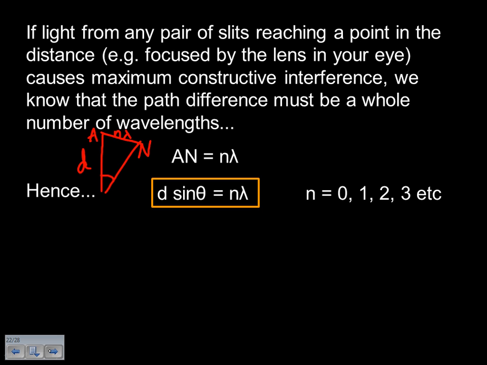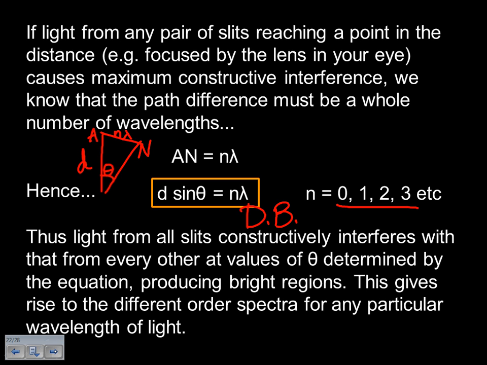Here's your d. There's your theta. So sine theta would be equal to n lambda over d. Solve for it, and you get this equation. This is on the data booklet. And n would be what order of the fringe it is. And light from all slits that constructively interfere would be the bright regions.